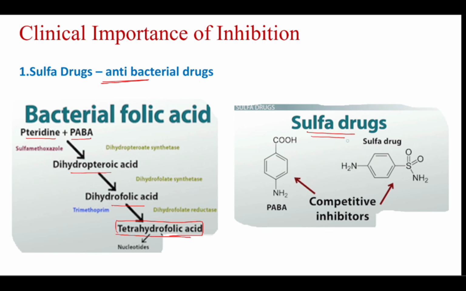The sulfa drugs are structurally similar to para-aminobenzoic acid, which is required for tetrahydrofolic acid, which is ultimately required for the DNA synthesis of the bacteria. The sulfa drug competitively inhibits PABA so that new DNA is not formed and the bacteria undergo destruction. So that is the clinical importance of competitive inhibition.